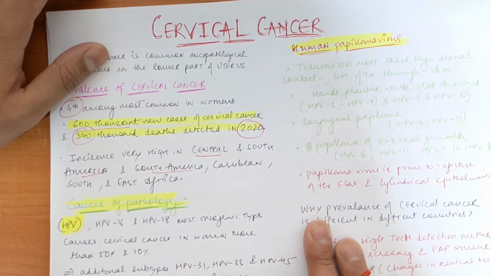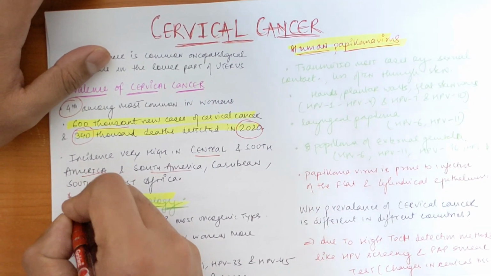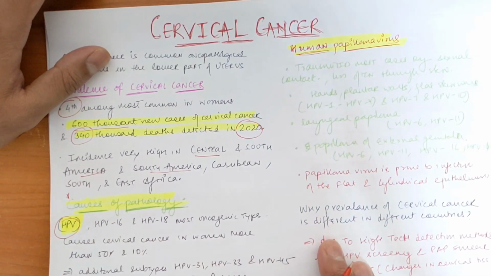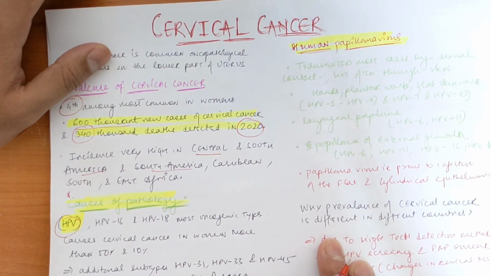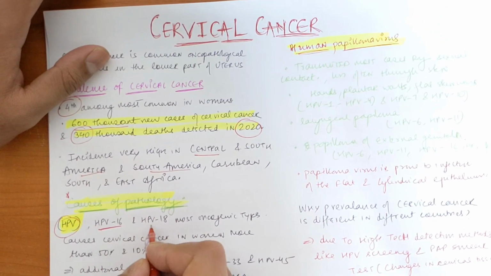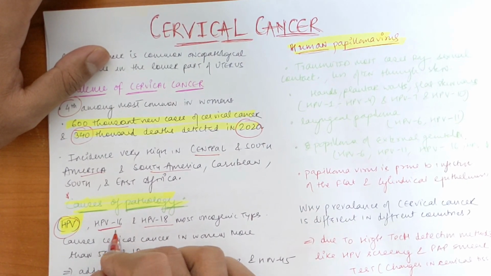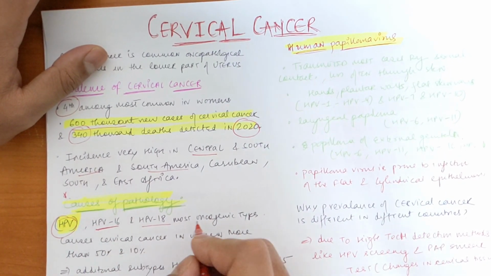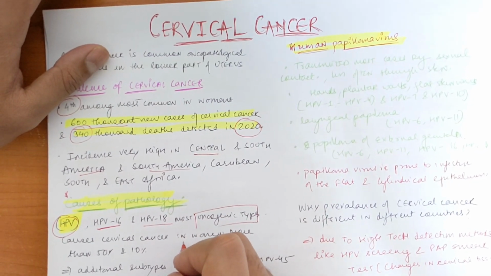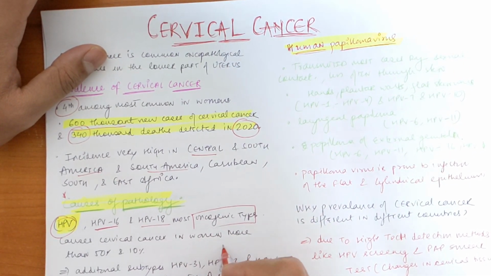If we talk about the pathology or causes, one of the most important viruses is the human papillomavirus. HPV-16 and HPV-18 are the most common oncogenic types, causing more than 50% of cervical cancer in women.